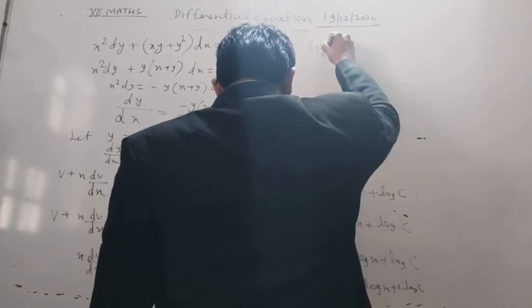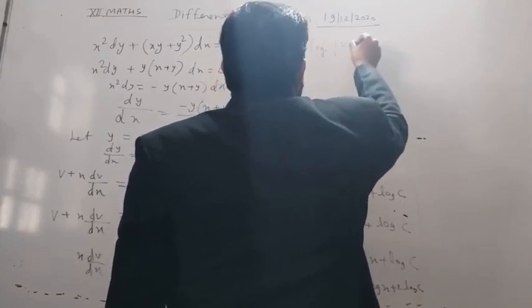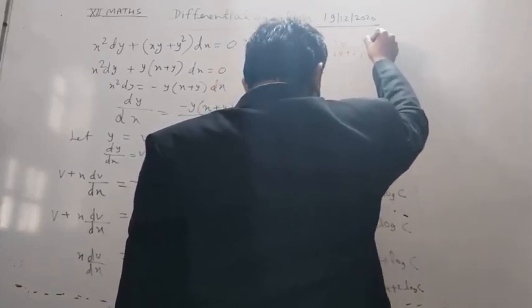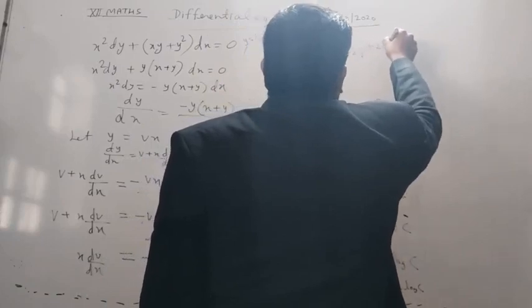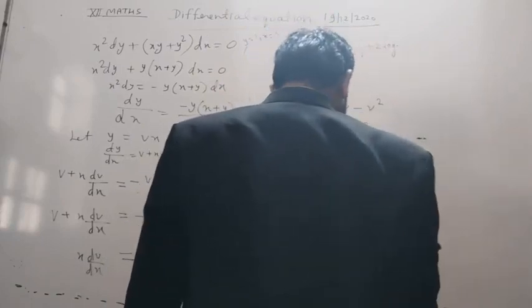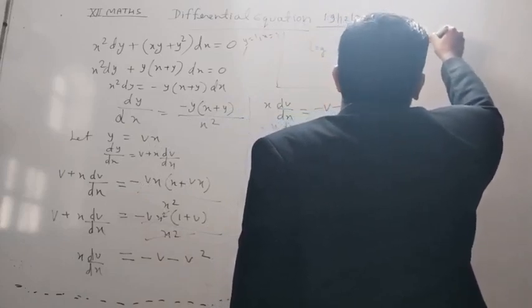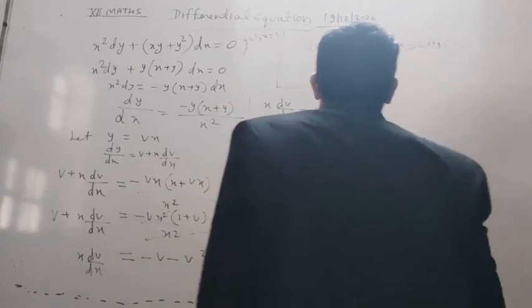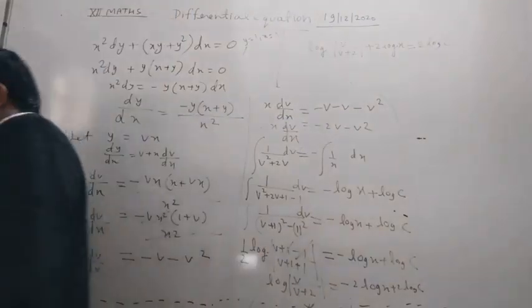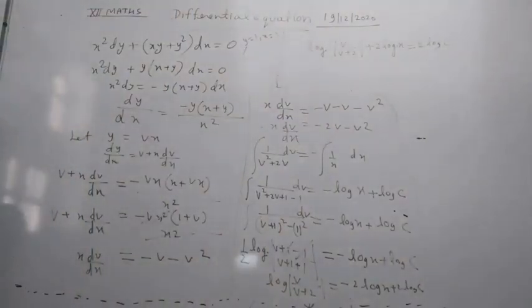We get log of b by b plus 2 equals minus 2 log x plus 2 log c. Okay student, now this is our log of b by b plus 2.